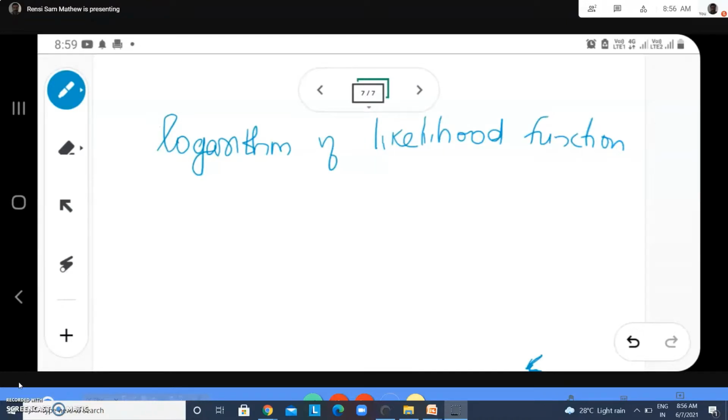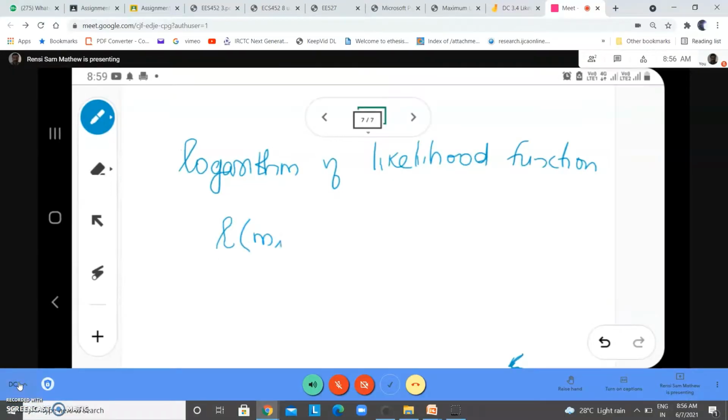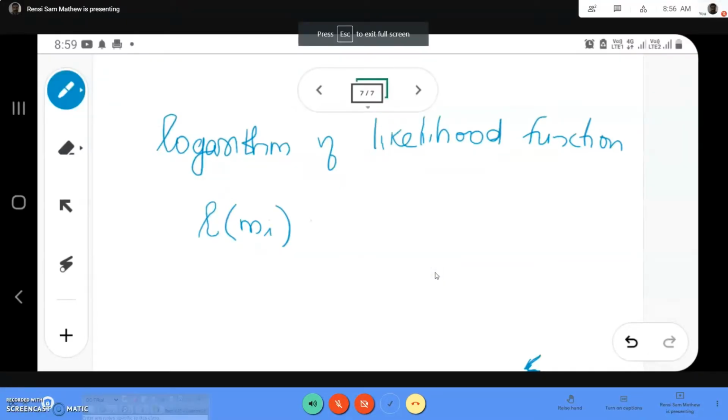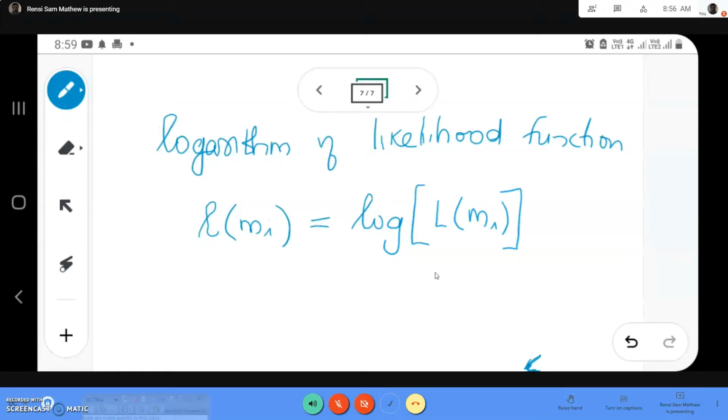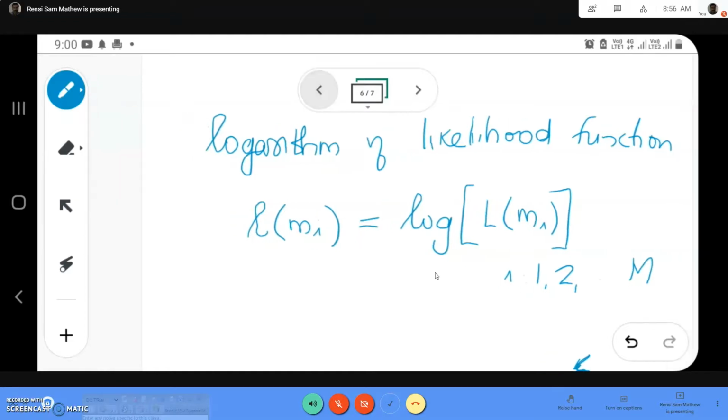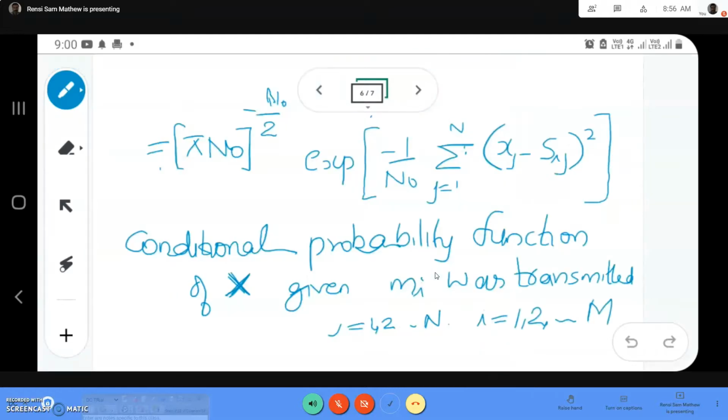So that we write it as small l of mi, which is equal to the logarithm of capital L of mi, where i varies from 1, 2, etc. up to n. Taking the logarithm will be easy for implementation in digital signal processing functions. So let us see what the logarithm is. We are going to take the logarithm of this function.